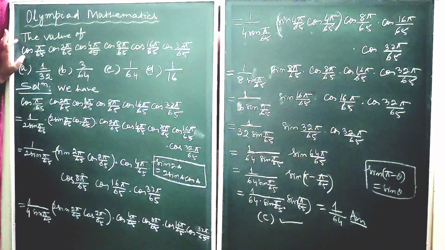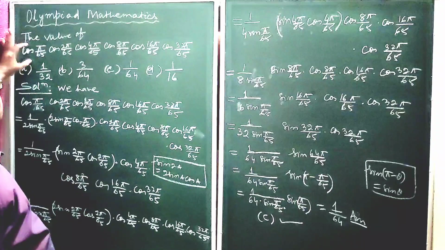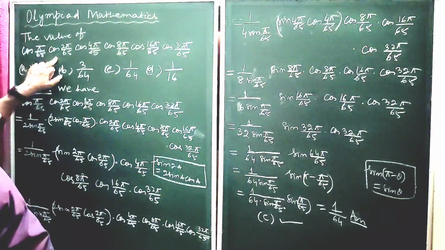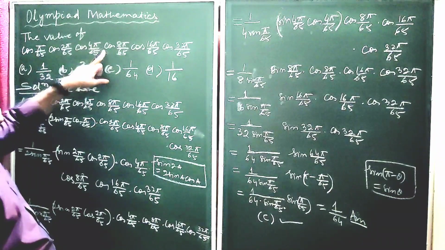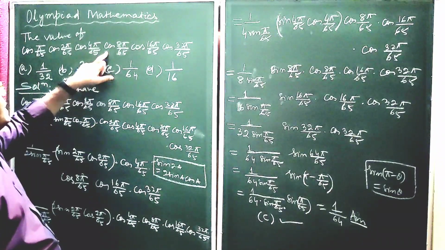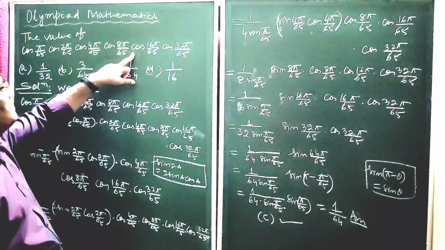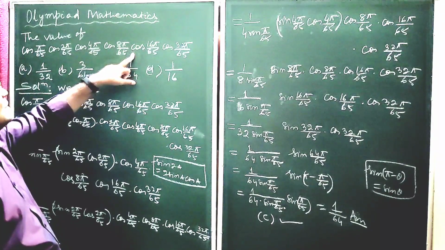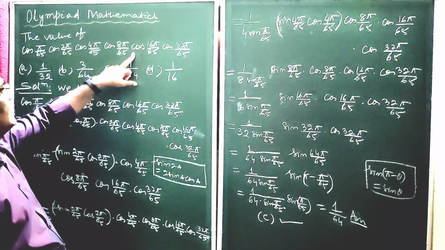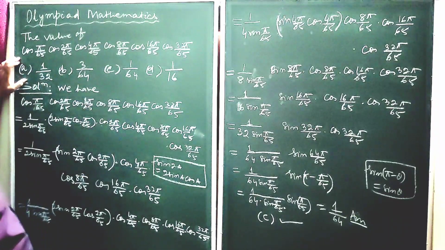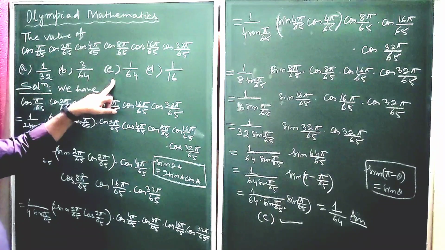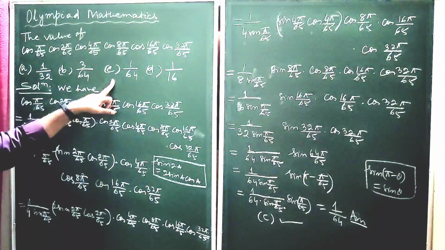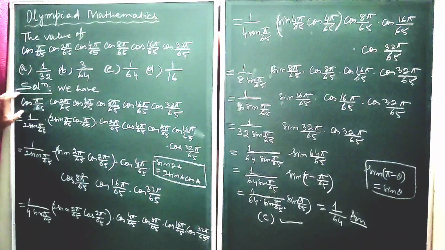Here the question is the value of cos pi by 65, cos 2 pi by 65, cos 4 pi by 65, cos 8 pi by 65, cos 16 pi by 65, cos 32 pi by 65. The choices are given, and we got the correct answer 1 by 64. We started with the given expression.